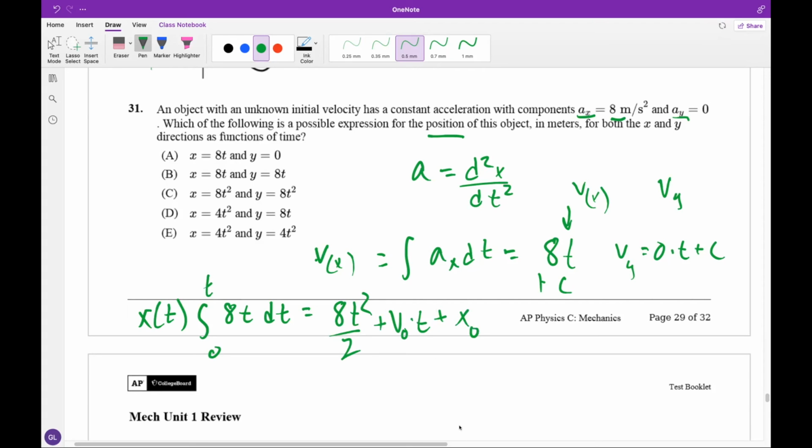But we don't have any of the initial conditions, so we're just going to ignore that. So it looks to me like this was kind of a gotcha here. Maybe we were thinking, oh yeah, 8t squared right away. But remember, when you integrate, you got to divide by the power. So on the second integration, we're going to have to divide by a 2. So one of these two.